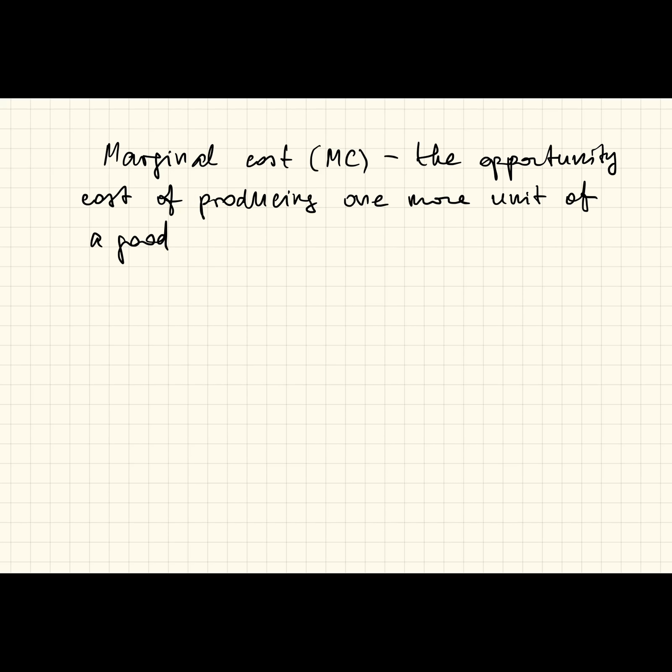Now we're talking about production, not consumption. Again, we're talking about these incremental changes. It's not just from one unit, but from one more unit. So we're dealing with a change here.